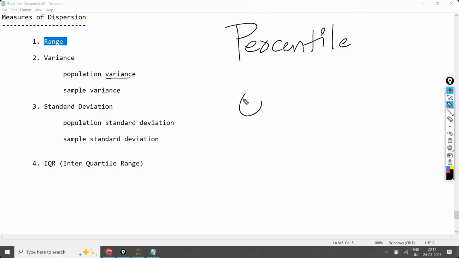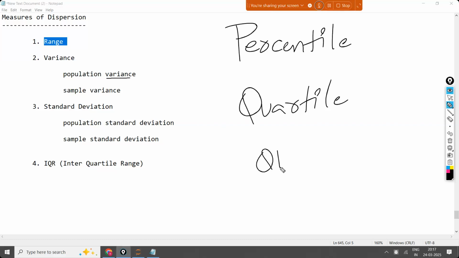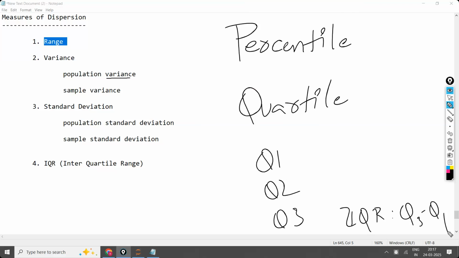After that, we have to understand quartile. Then we'll understand Q1, Q2, Q3, and IQR is nothing but Q3 minus Q1. So to understand this, first we need to know what percentile is and what quartile is.